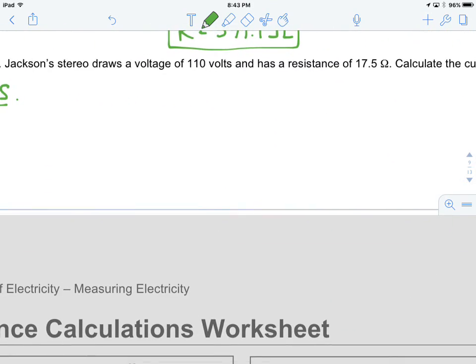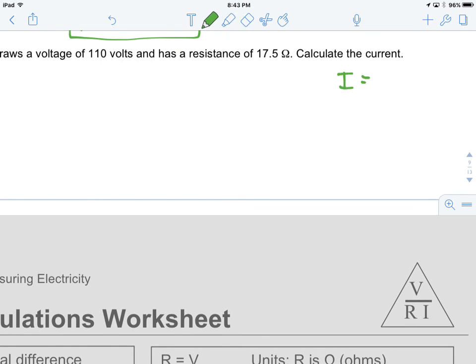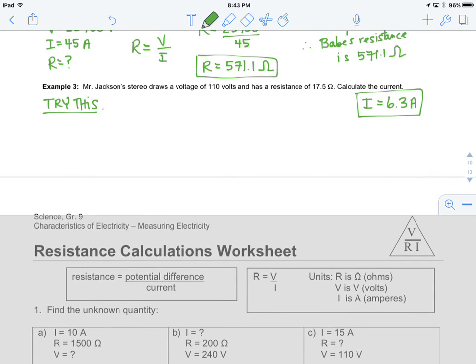If you get through and you want to check your answer, I'll write the answer over here. I is equal to 6.3 amps. So I want you to try this on your own and then check your answer right here.